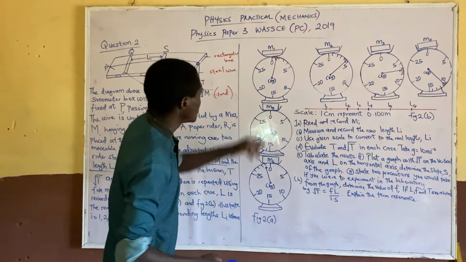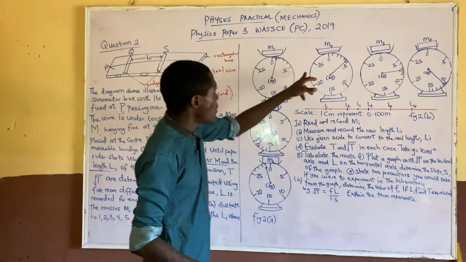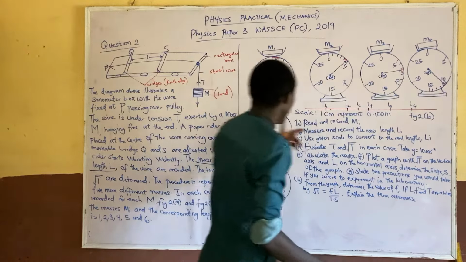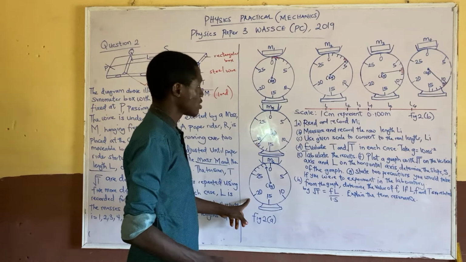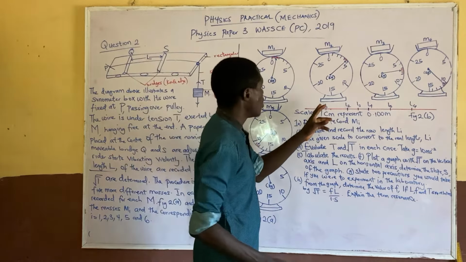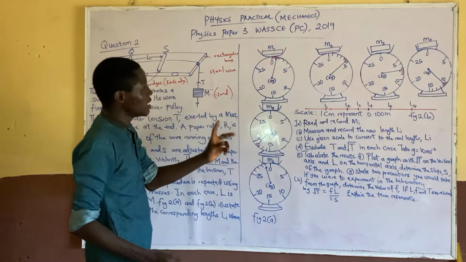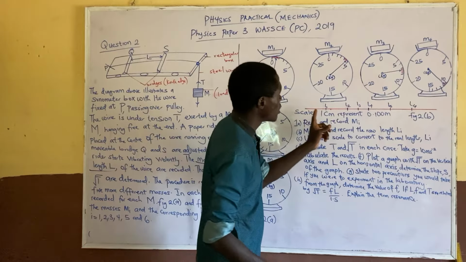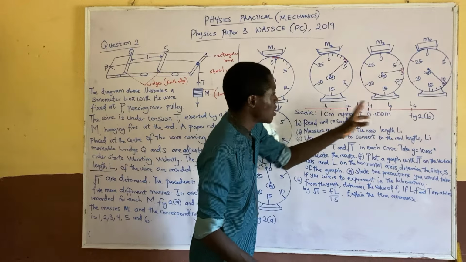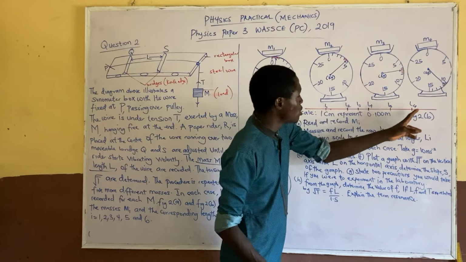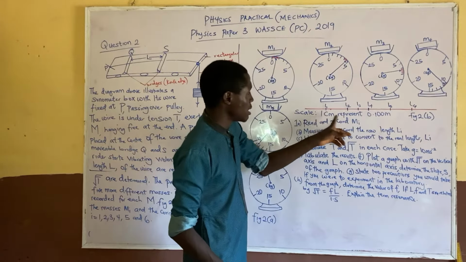The readings are for mass 1, mass 2, mass 3, mass 4, mass 5, mass 6, and the length of the wire obtained is given on a meter rule, using a scale where 1 centimeter represents 0.1 meter.